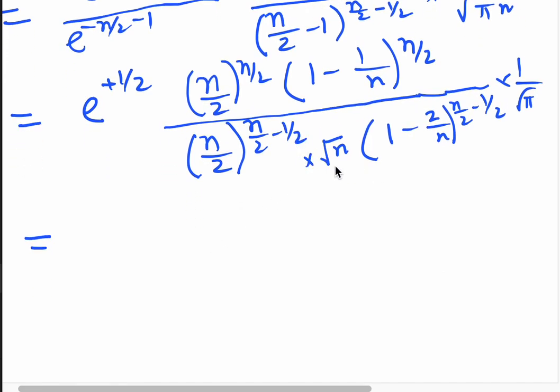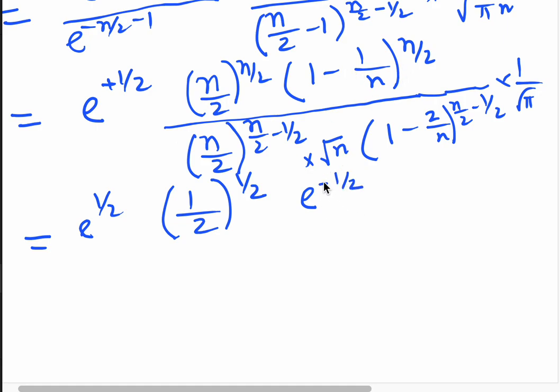If you do these calculations, you will get 1 by 2 from there, so this n will be cancelled with n, and only 1 over 2 to the power half will remain there, and the first term will become e to the power minus half.